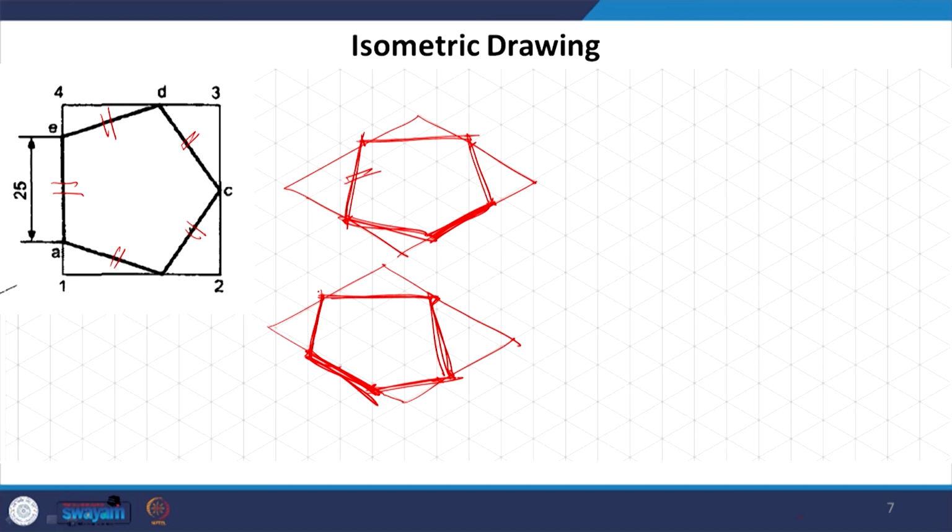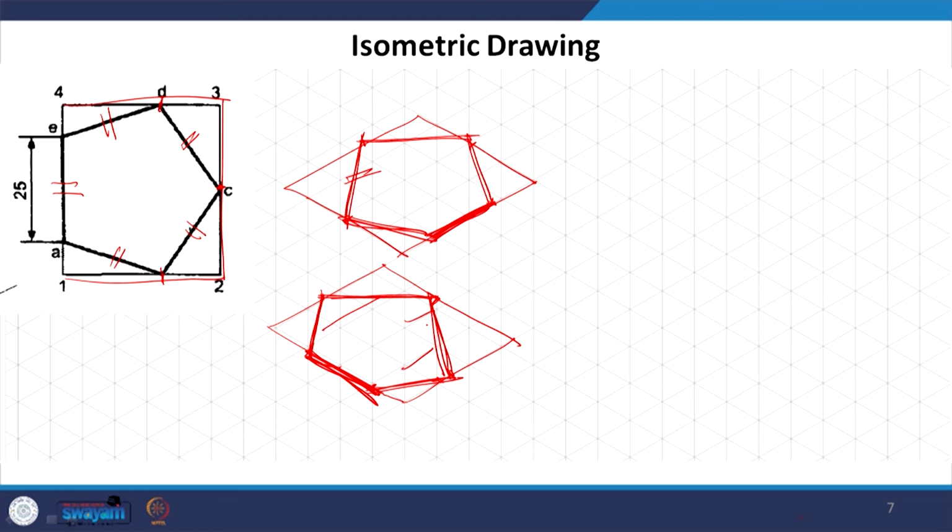Now, in case you have to arrive at the original dimensions, you should measure where C is in relation to this line, where this D is in relation to this line, and where this point is in relation to this line. That is how you will arrive at the actual object, but not by measuring these non-isometric lines, never.